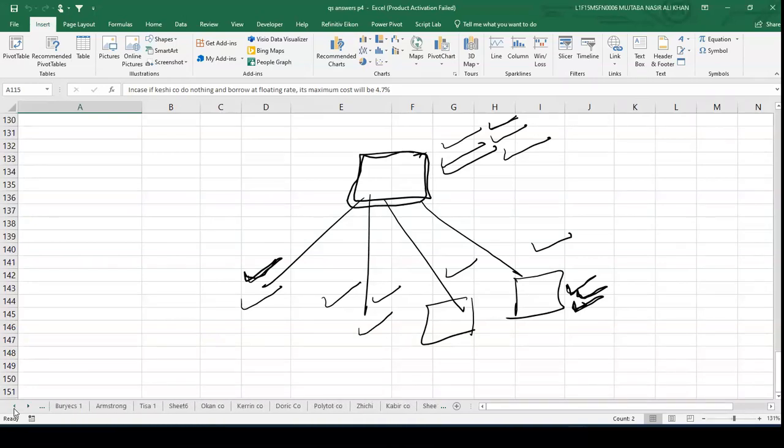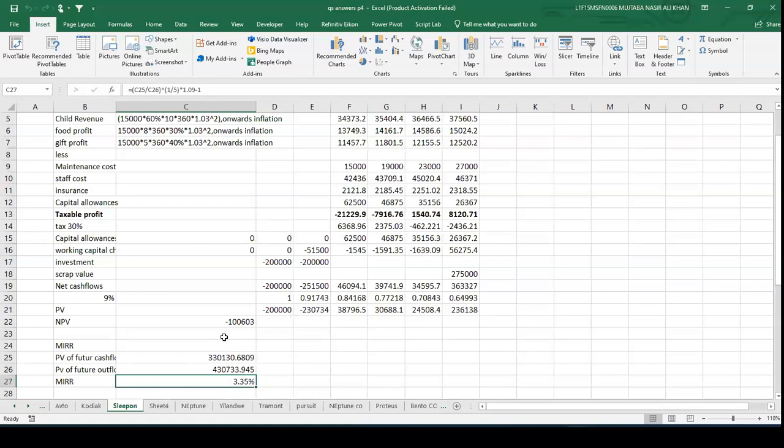In this file, you can find the Sleep On answer. Let me find that for you. Sleep On answer. This answer is right. The book answer is wrong, but this answer is right. Okay, MIRR is positive. Even if the NPV is negative, still the MIRR is positive.